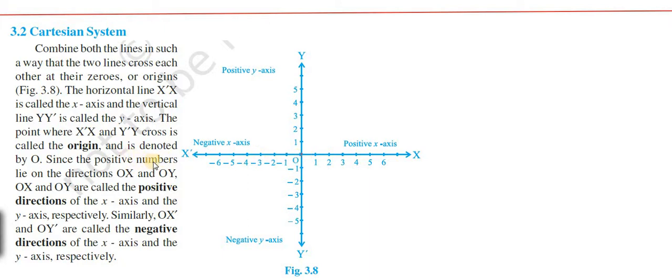Since the positive numbers lie in the direction OX and OY, OX and OY are called the positive directions or positive axes.